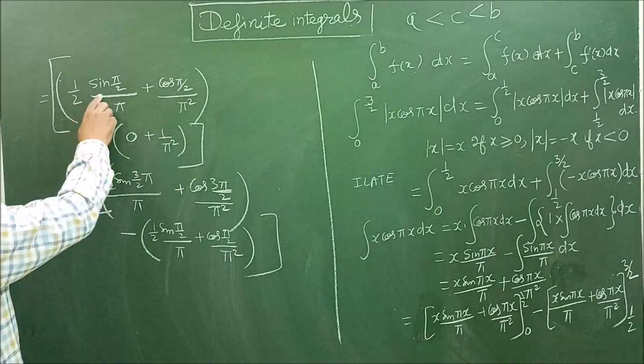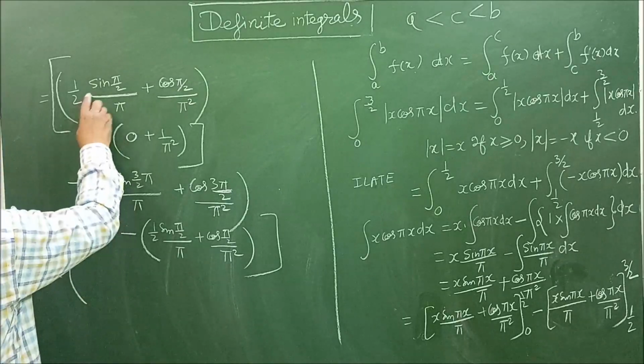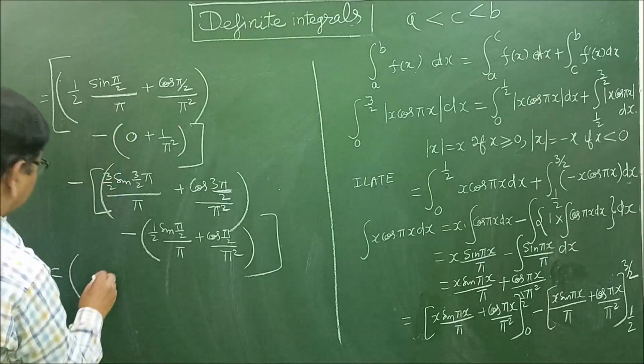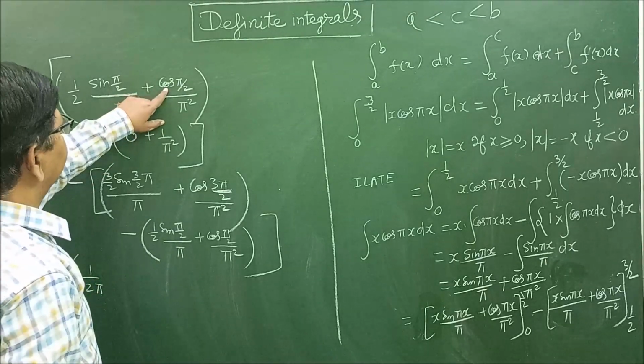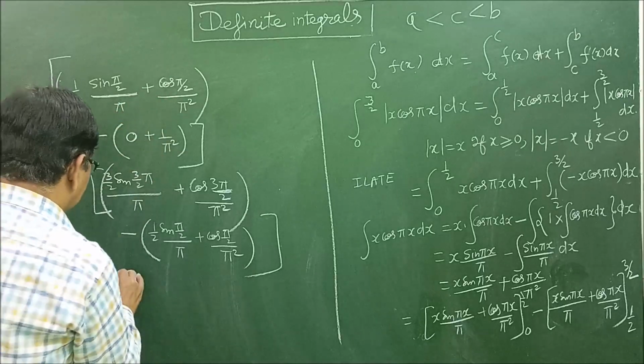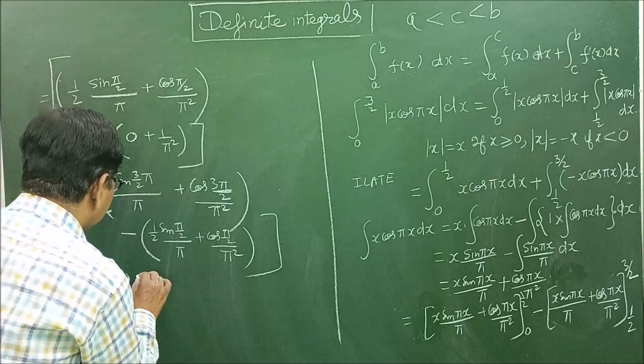Now sin pi by 2 is 1, so we get 1 upon 2 pi, cos 90 is 0, so this is 0, minus 1 upon pi square.